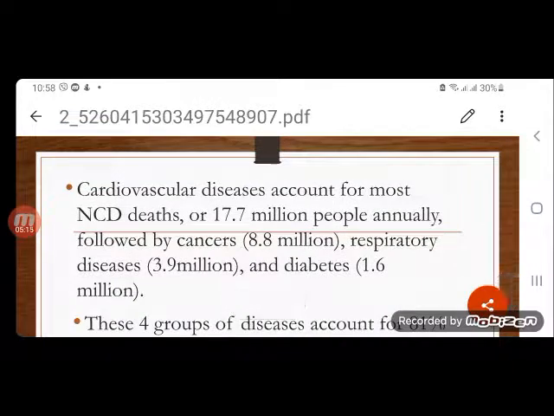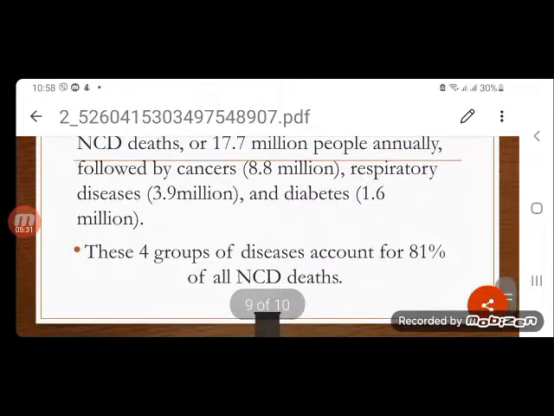Cardiovascular disease accounts for most non-communicable deaths, or 17 million people annually, followed by cancer, respiratory disease, and diabetes. This is the rank. It's very important to keep in your mind. These four groups of disease account for 81% of all non-communicable deaths, so it is a very, very high percent.